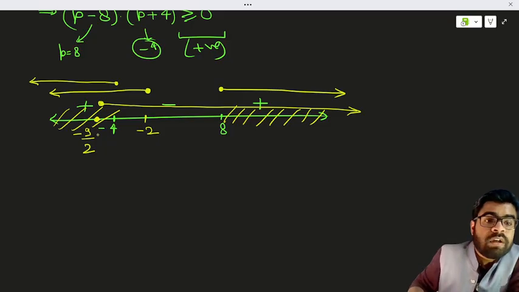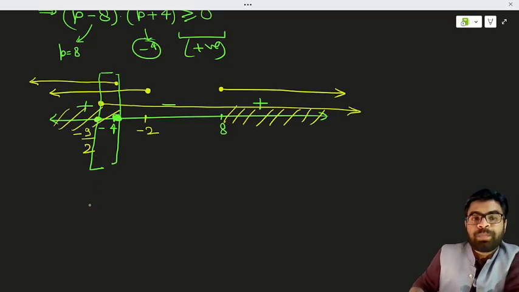So what is the common area? अगर मैं यहाँ देखूँ, so this will be our common area in these three, and we can say like this will be our common area with the help of -4 and -9/2.